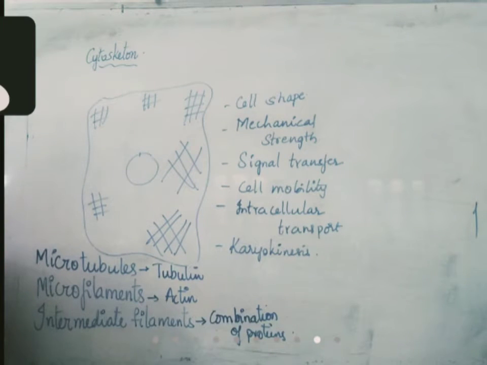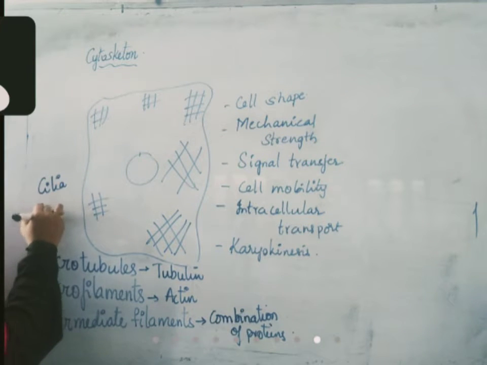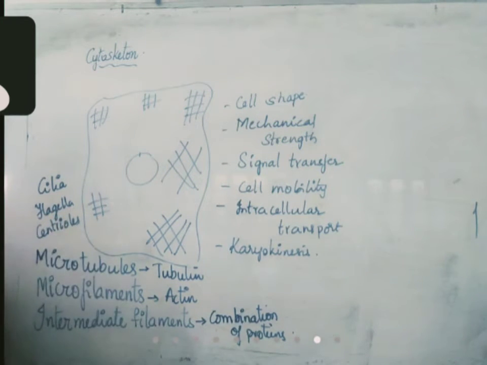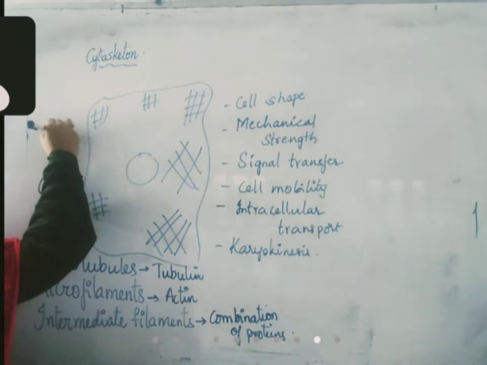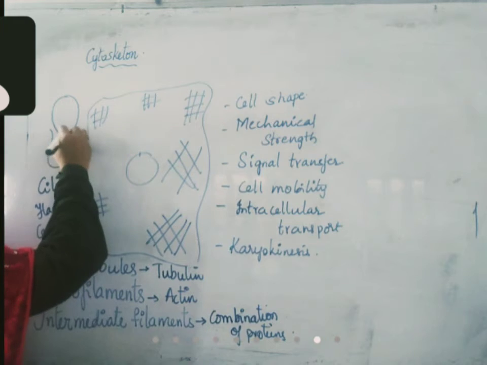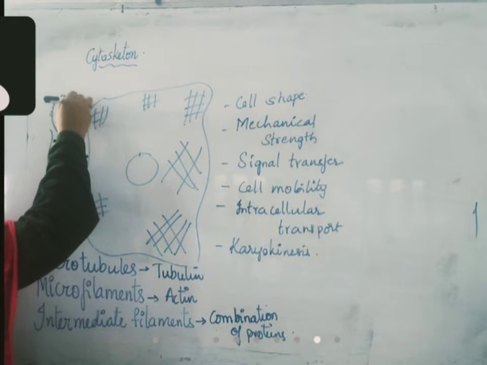Right. Some structures that are formed from the cytoskeleton are cilia, flagella, and centrioles. When you drew the structure of paramecium, on the outer surface of paramecium we drew small structures.